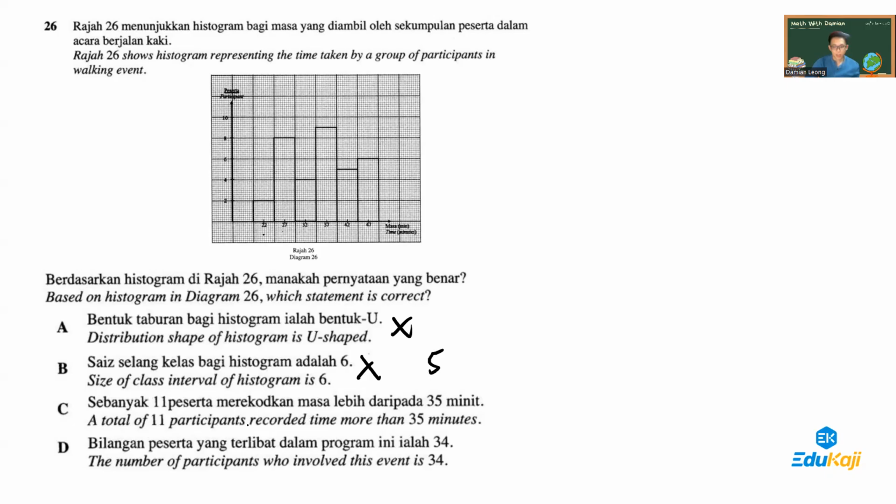Next, a total of 11 participants recorded time more than 35 minutes. 35 minutes will be here, basically. So there are 9 here, 5 here, and 6 here. 9 plus 5 plus 6 is 20. It should be 20 participants, so this is wrong.